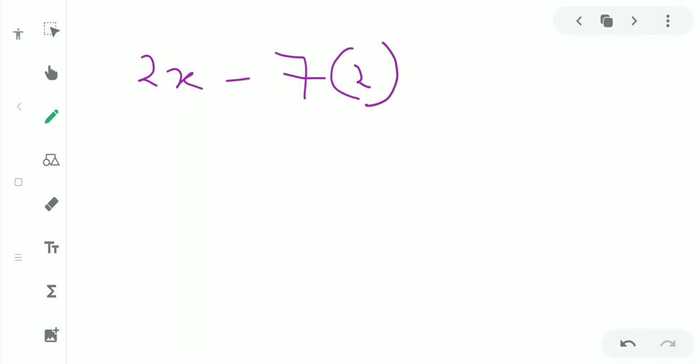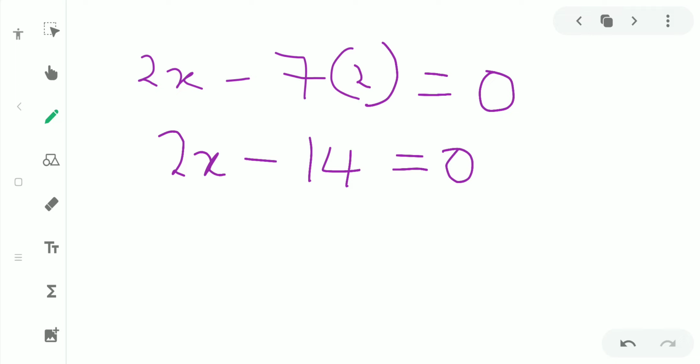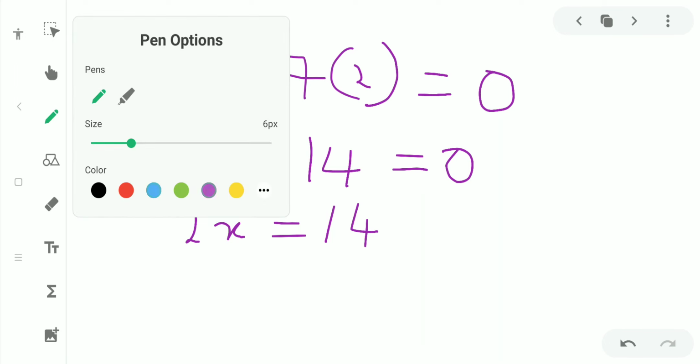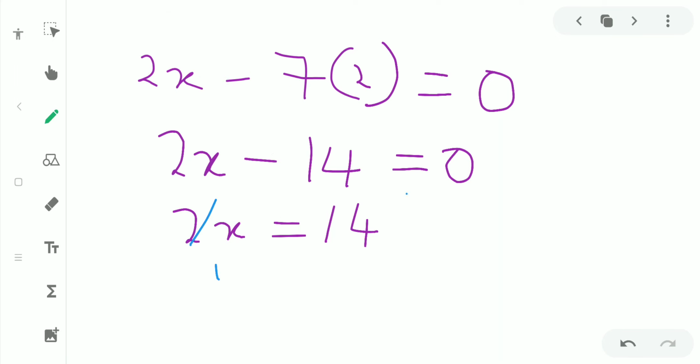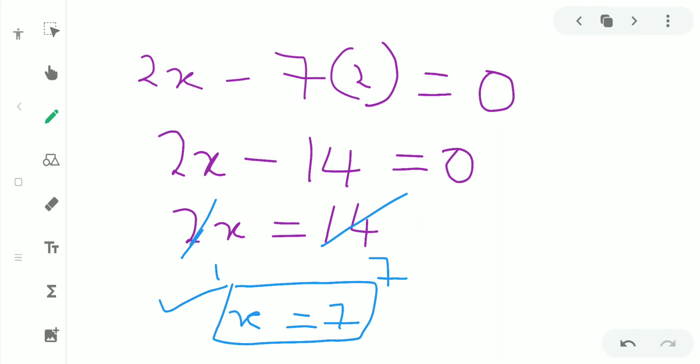So 2x minus 7 into 2 nothing but 14, which is equal to 0, and 2x is equal to, on transposing the 14 to RHS, it will become plus 14. 0 plus 14 is nothing but 14. So now it will become 2 ones are 2 sevens are 14. So x is equal to 7. We got the value of 7.